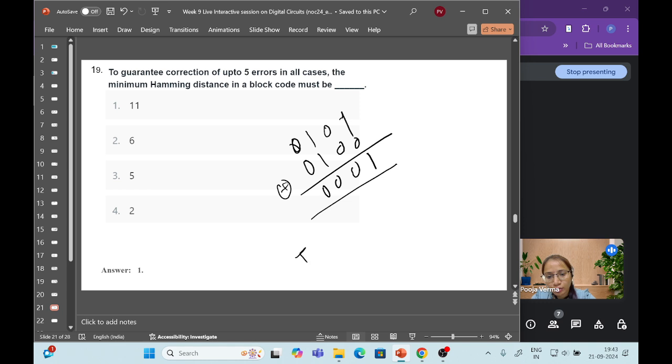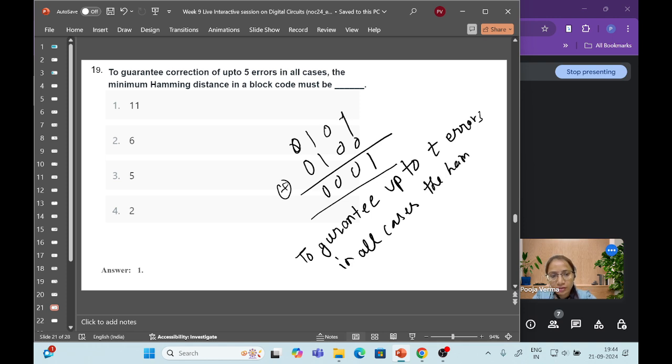So to guarantee correction of up to t errors in all cases, I am taking t errors here, the Hamming distance must be, by the formula, d minimum is 2t plus 1 to guarantee up to t errors.